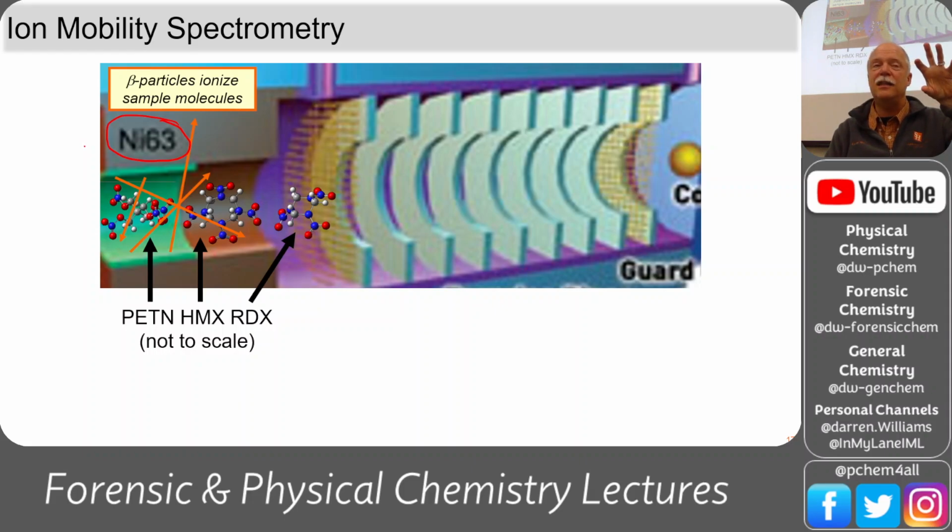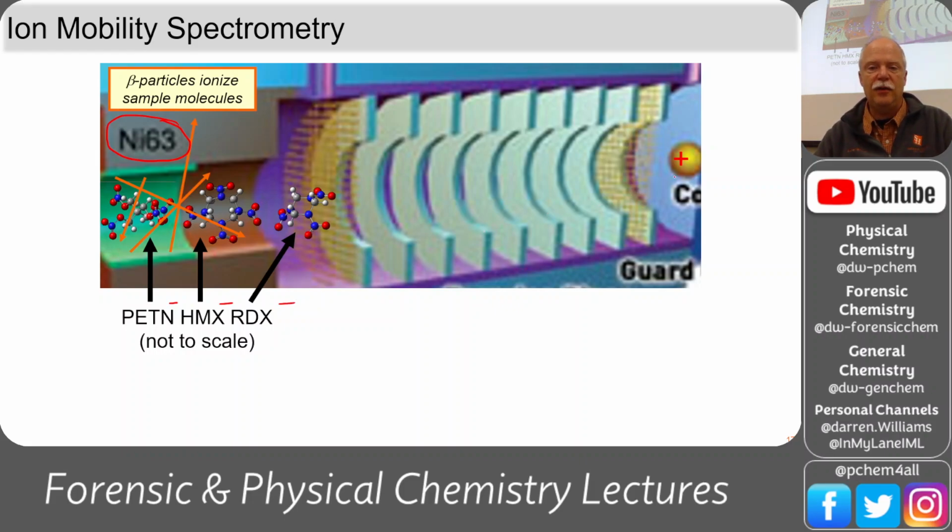And so you have an ionized gas in there, and then that ionized gas will hit your molecules and transfer the charge to your molecules. It'll either transfer a negative charge, which typically happens to explosives, or it'll steal an electron from narcotics. So narcotics are typically positive in these environments. But now I've got negatively charged explosives, so PETN, HMX, RDX.